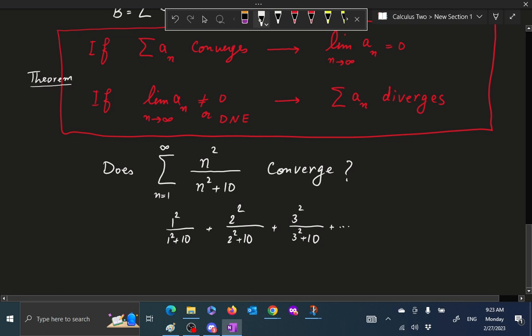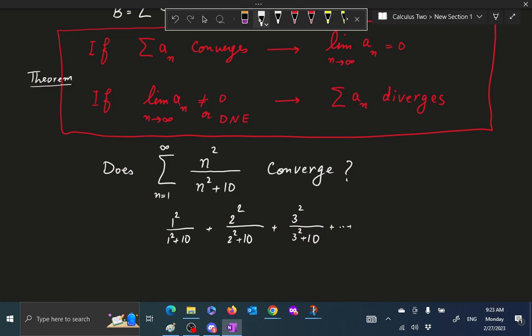But if I continue and go further out, what do I see? Suppose I come to, say, term number 100. I have 100 squared over 100 squared plus 10. What is a quick estimation for this? Well, the numerator is 10,000 and the denominator is 10,010.